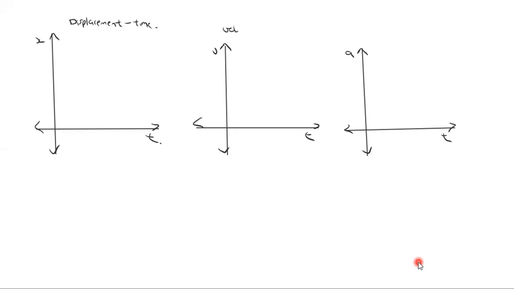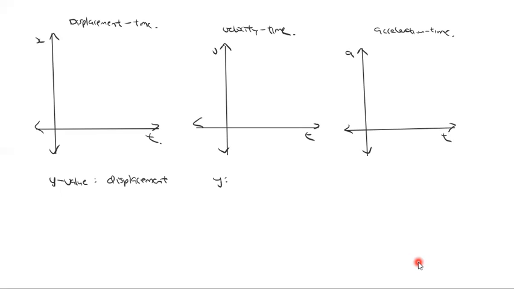This is your velocity time graph. And this is your acceleration time graph. Now, because of what we discussed earlier, by definition, the y value here is clearly going to be displacement. That's what the axis says, and that's what the title says.